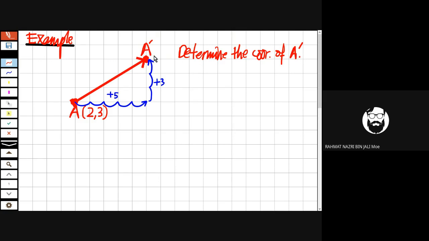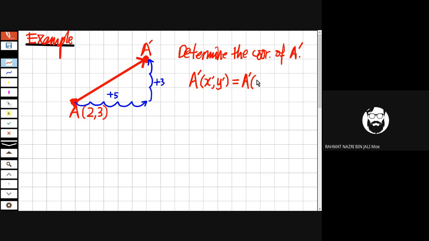Di A prime ini ialah image to the A. Jadi kita boleh tulis terus A prime with the coordinates X prime, Y prime is equal, we follow the previous formula.